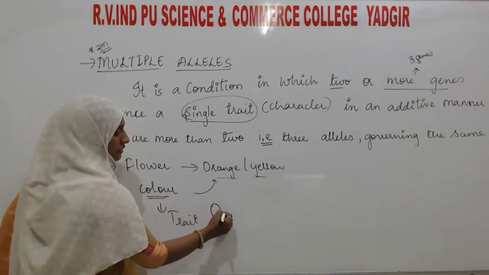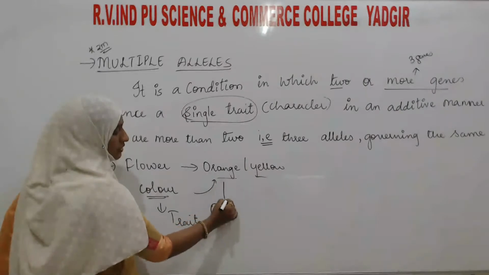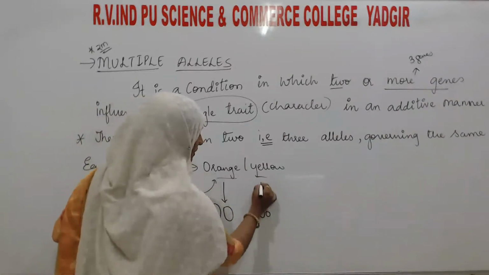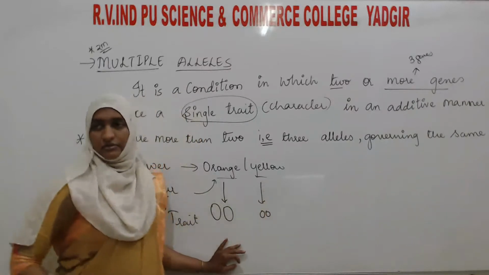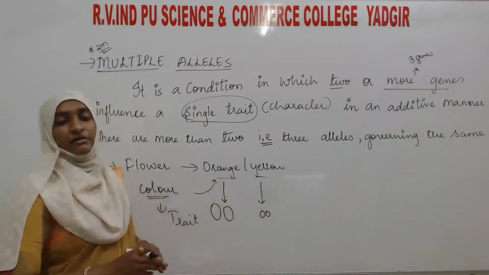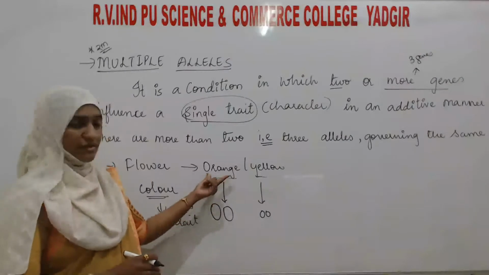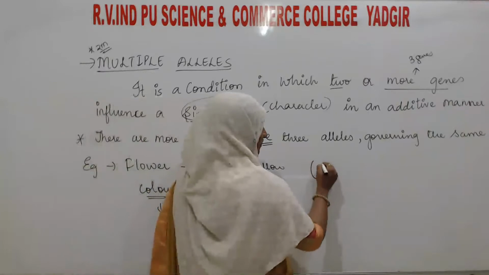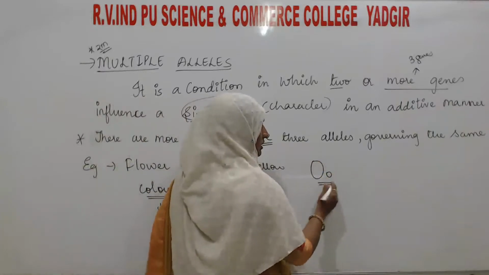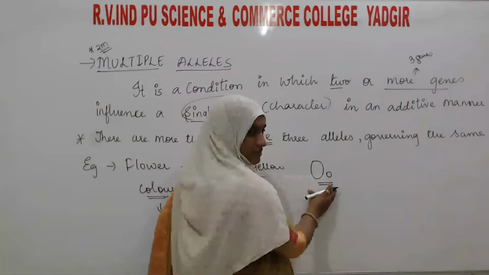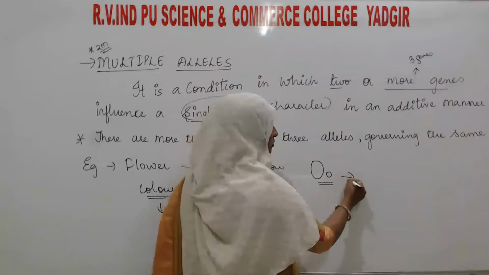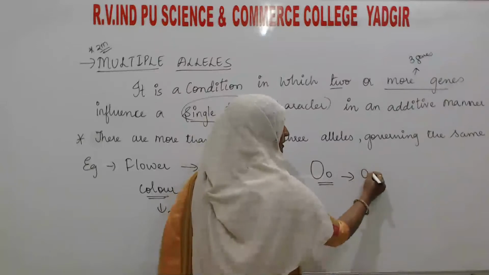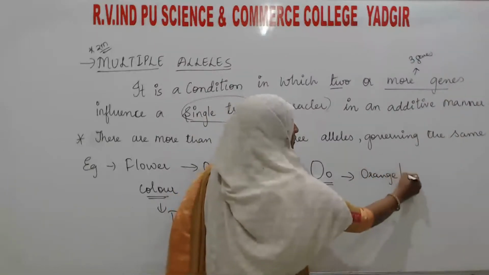Capital O is meant for orange color, and small o is meant for yellow color. If they get mated, capital O and small o, they both are dominant. So the flowers of the next generation will be orange or yellow.